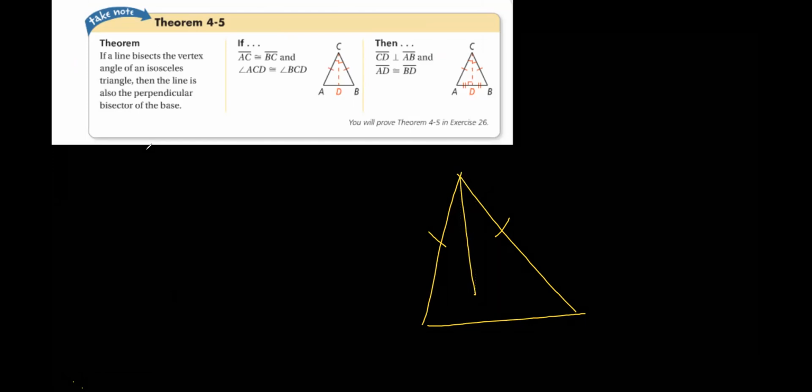If there's a line that comes and bisects the angle and makes these two angles equal, that means it comes perpendicular on the base and cuts it into two equal halves.